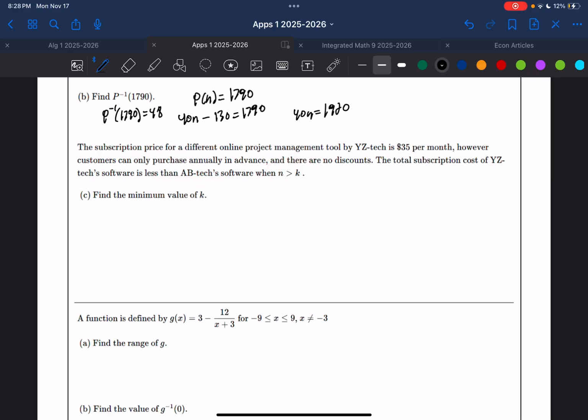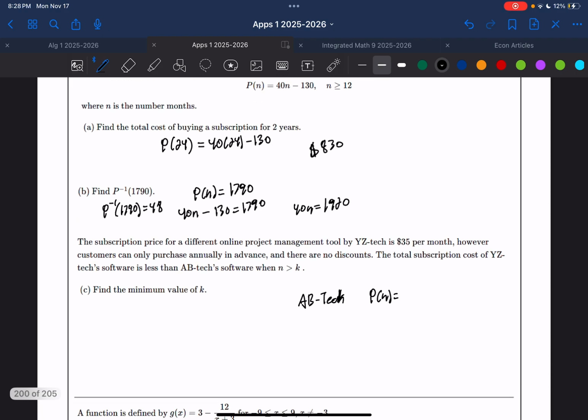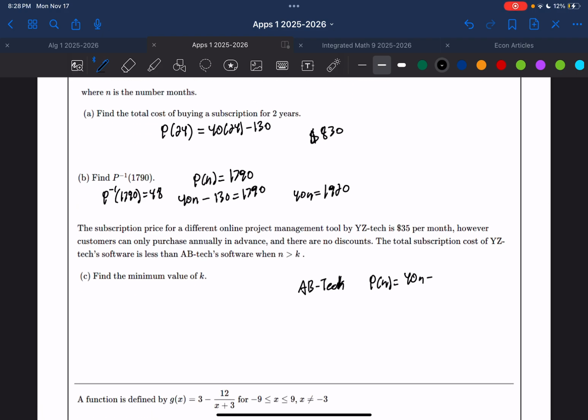All right, so let's start by modeling each of them. We already know that for AB Tech, that function, P of n, the price per month of software, is going to be 40n minus 130.